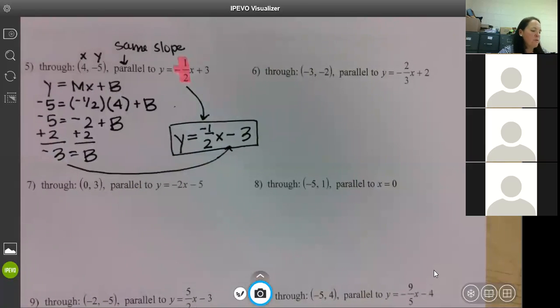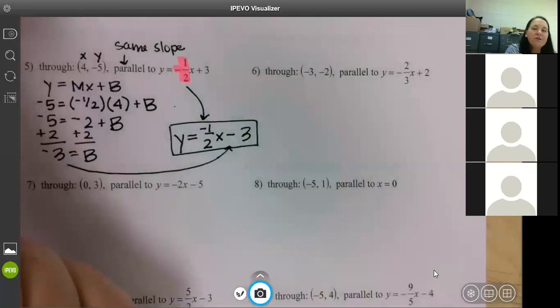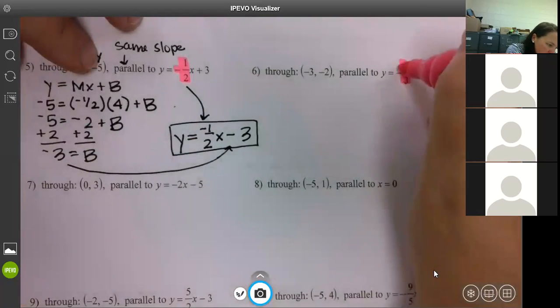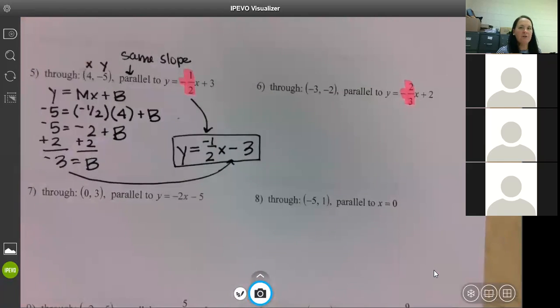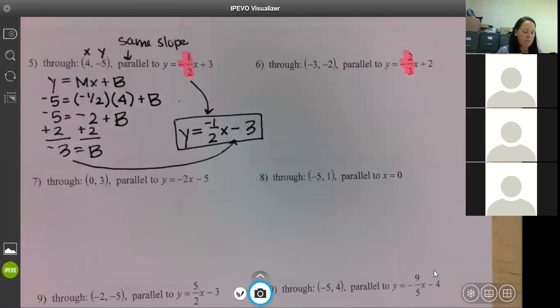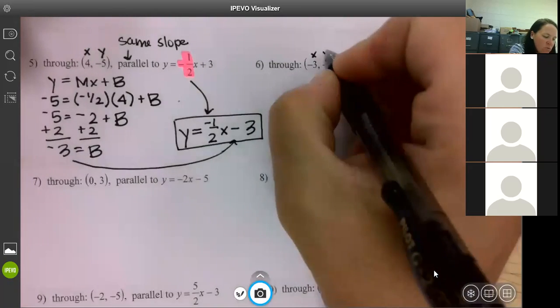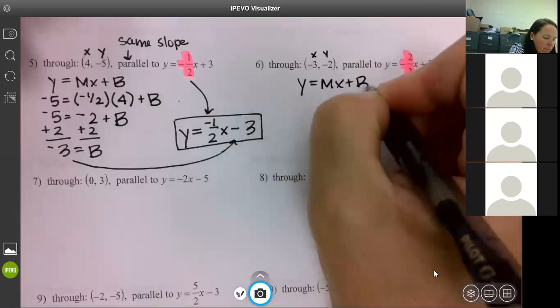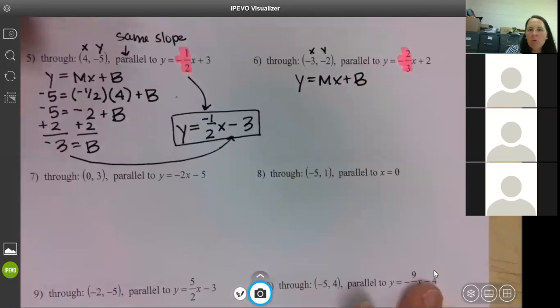All right, number 6. What's your slope on number 6? -2/3. Mm-hmm. So that's my same slope. This is my XY coordinate that I'm going to plug into y equals mx plus b. Somebody else, tell me what your y coordinate is.